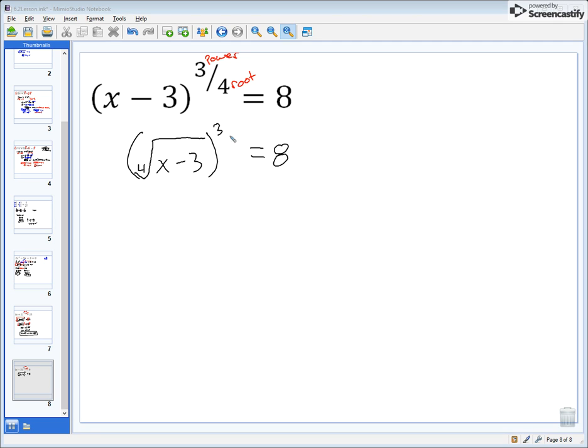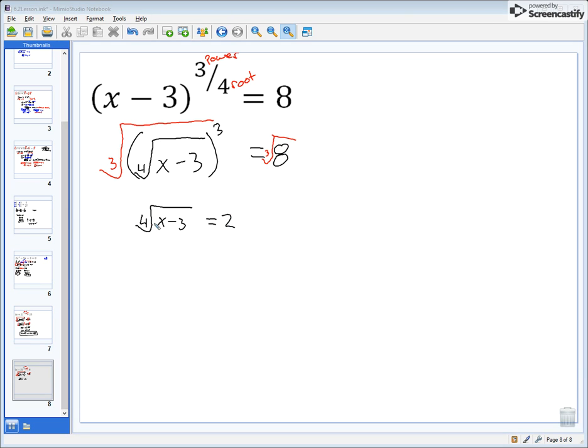So now I would have to take the 3rd root of both sides to get rid of the 3rd power. So I'm left with the 4th root of x minus 3, and that equals 2.